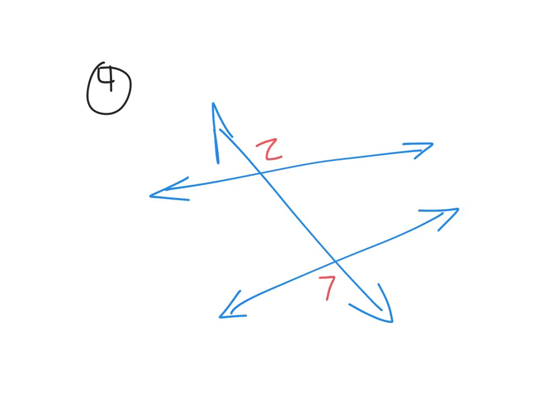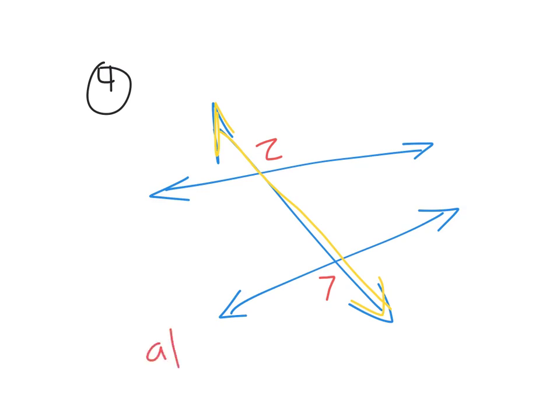Okay, angles 2 and 7. What do you think these are going to be called? You can use your book to help you. Look at that chart that I gave you. First of all, which one of these is a transversal? This guy, right? Because he's crossing. So they're on which sides of the transversal? Same side or opposite sides? So they're going to be called alternate.